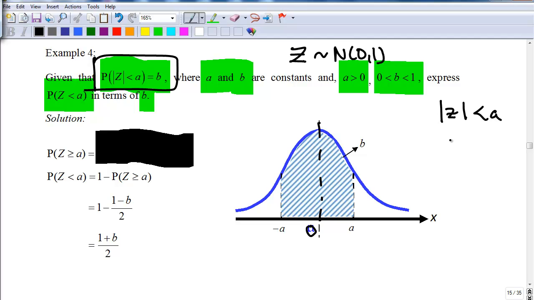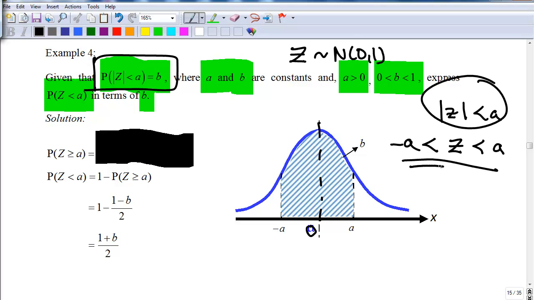This mod z can be changed to z bounded by a and minus a. So instead of looking at this, now you have this condition that allows you to mark down your minus a and your a and shade the region that is b.